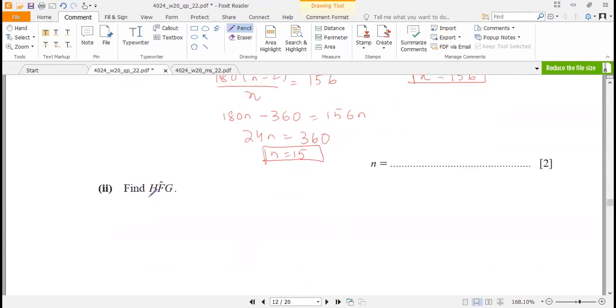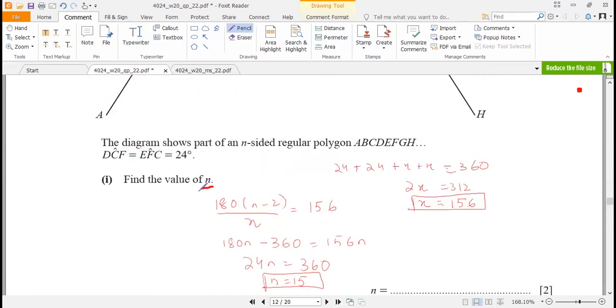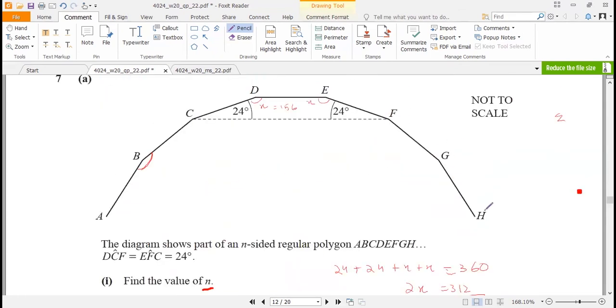Now we have to find out the angle HFG. So basically this is the triangle in which we have to work, and we need to find out this angle HFG. These two sides are the same. It means that this is an isosceles triangle, and we know that this angle as well, that is 156.